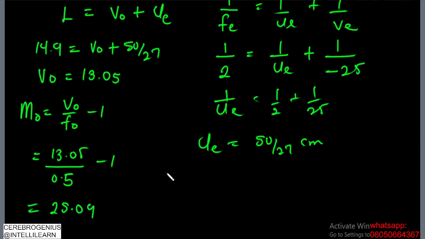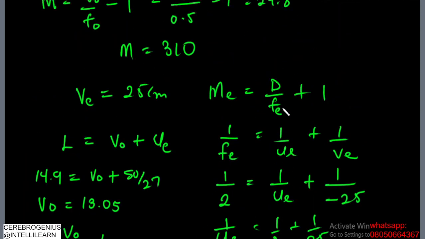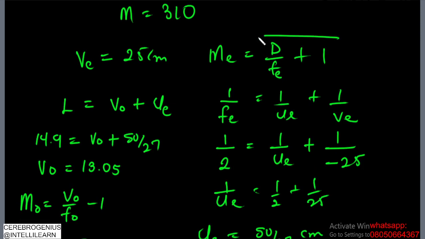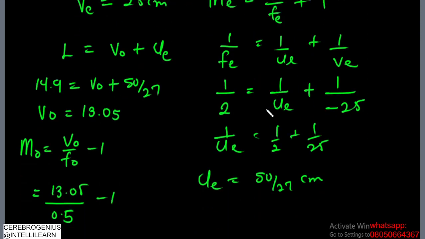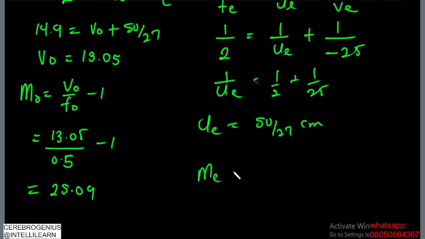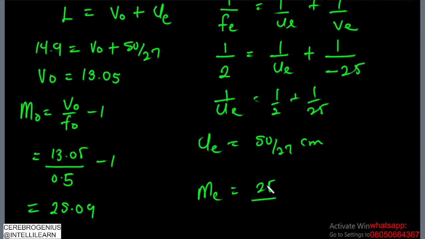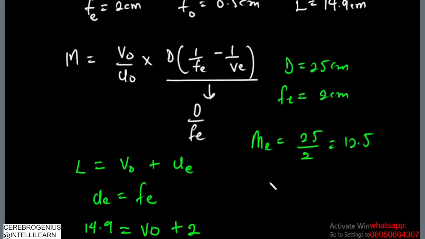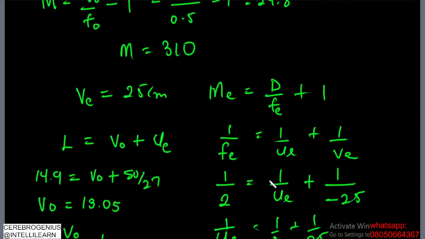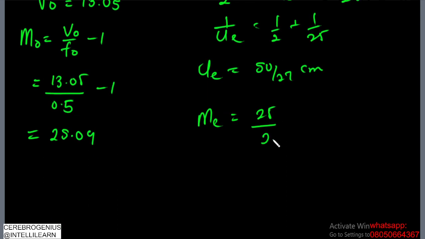Now, with 25.09, you just need to multiply the two values. We have not done the eyepiece yet. For the eyepiece, it is 25 divided by the focal length of the eyepiece, which is 2, then plus 1.